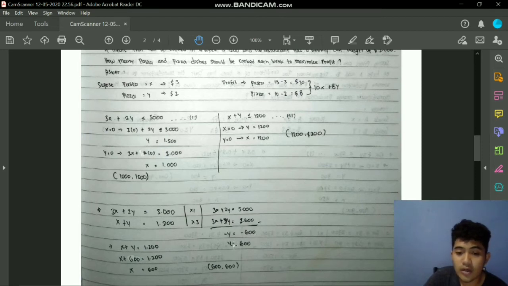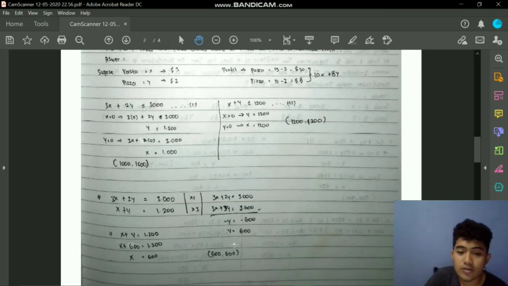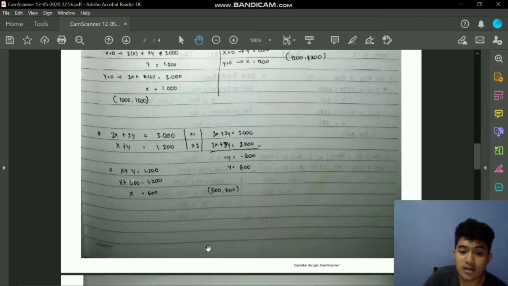600, so y is 600, and we substitute y into x plus y equals 1200. So we get x is 600, and x and y are both 600.